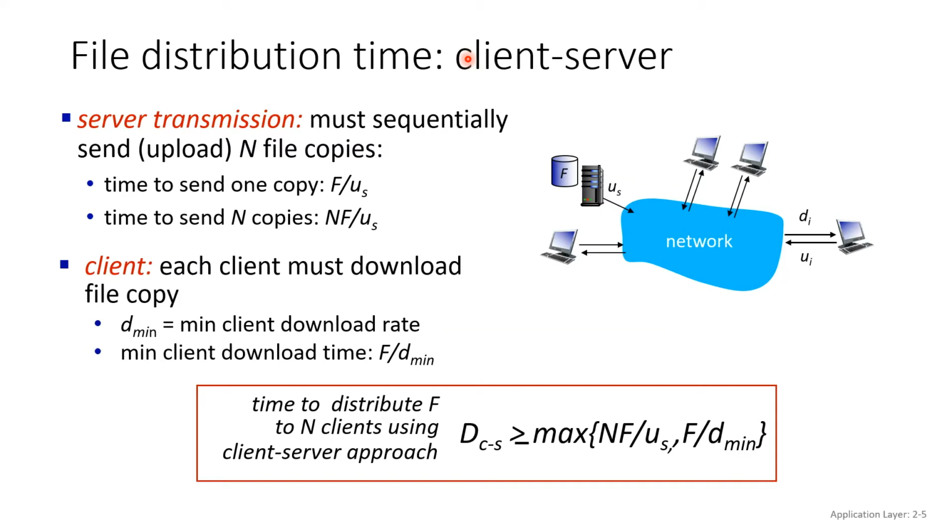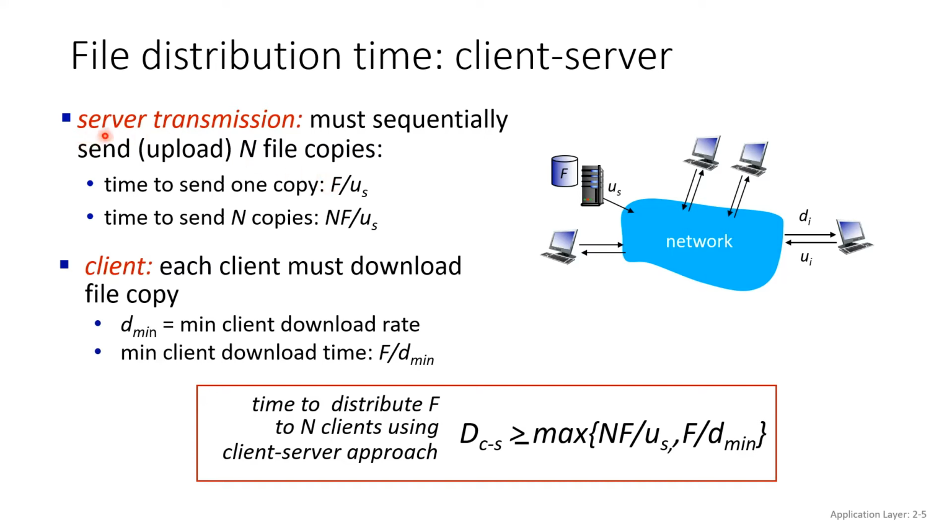What we will be doing in this exercise is to calculate the minimum distribution time during the transfer of a file F from a server to the clients, for both architectures.